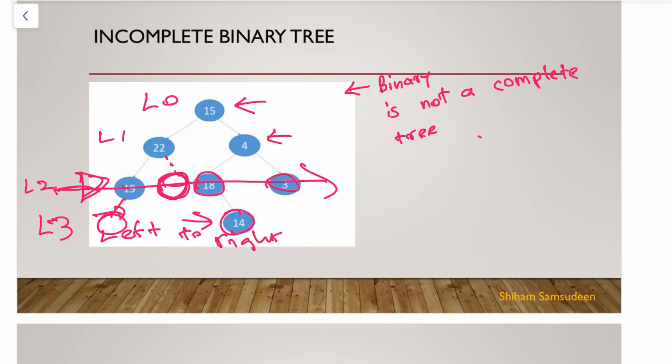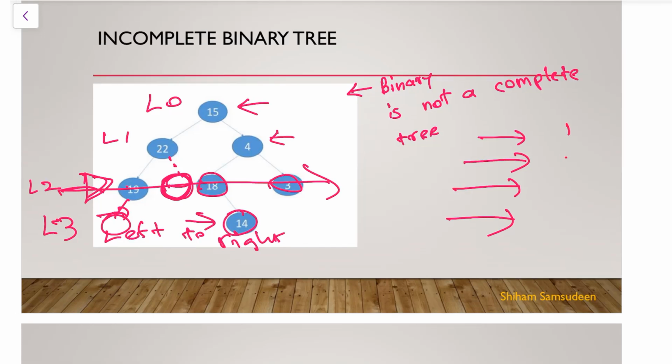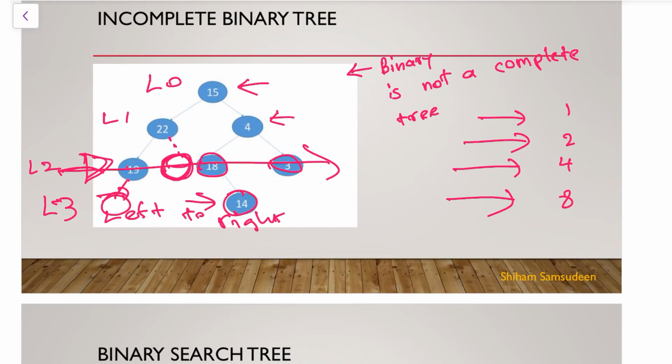Okay, so level completion will go like that, right? Each level has to be completed from left to right. So this is 1, this has 2, this is 4, and this is 8 nodes. So this is called an incomplete binary tree when you don't have a complete binary tree.